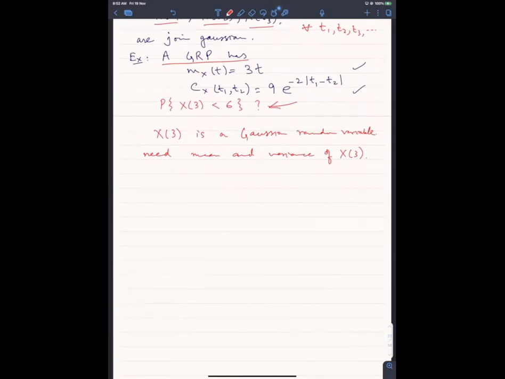The expected value of X(3) is equal to m_X(3), which is 3 times 3, which is 9. Right? What would be the variance?